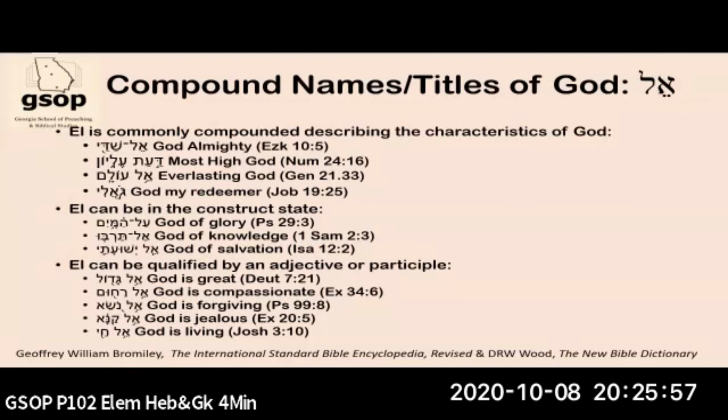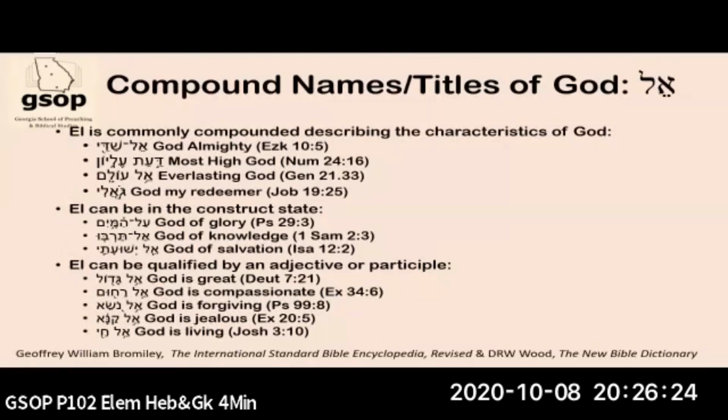Or God of heaven, El Hashamayim. Or God of knowledge, El De'ot, God of knowledge, 1 Samuel. Or God of salvation, El Yeshuati, God of salvation, Isaiah 12.